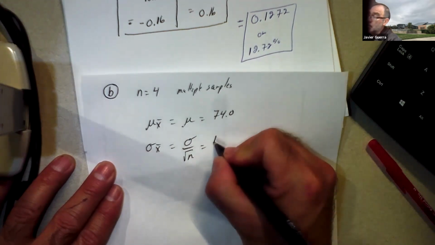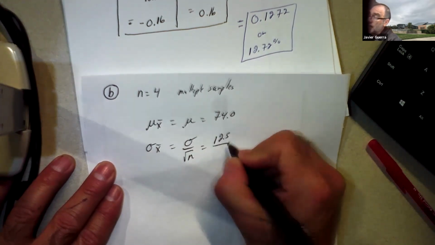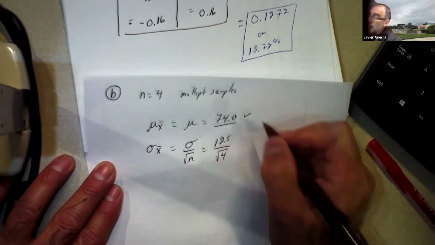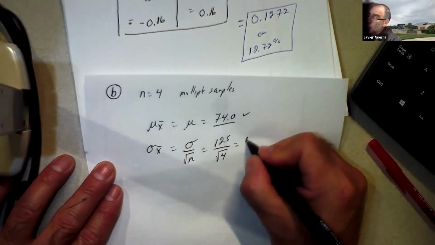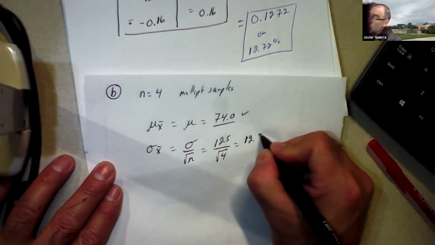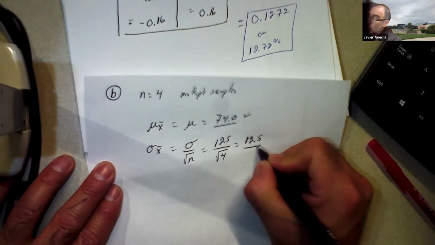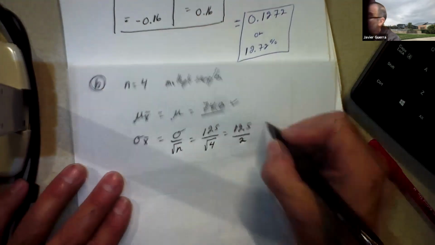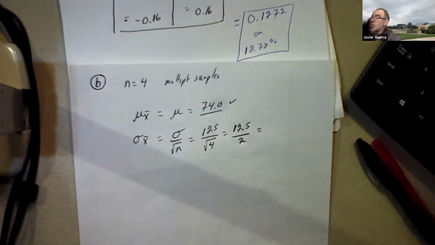I believe this was 12.5 divided by the square root of 4. The square root of 4 is 2.